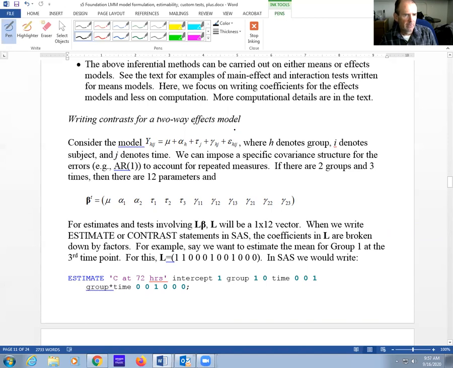The way I'd written it before, I'd actually used epsilon ij, if it's unique across the data that you have.